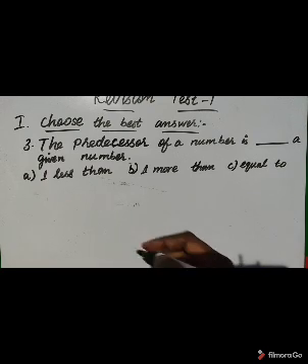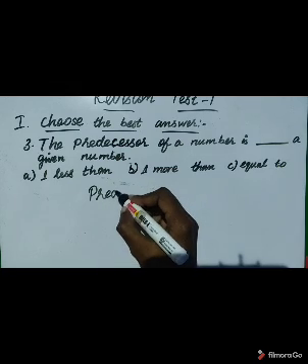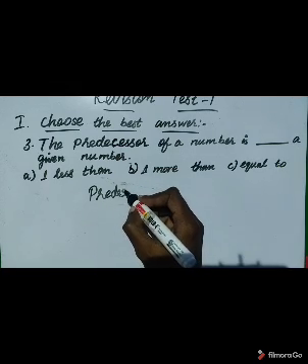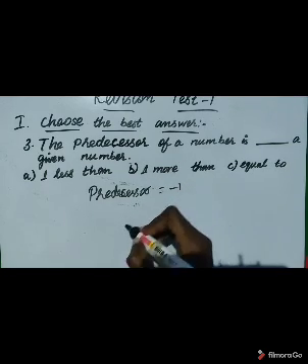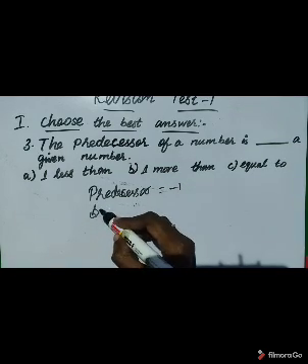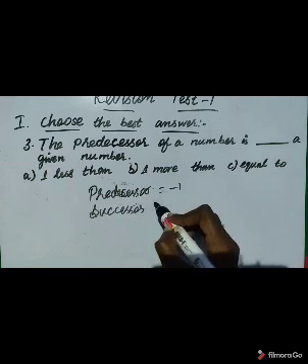So minus 1 means what? Less. Plus means what? More. So remember this, minus means less, plus means more. So predecessor means you are minusing 1, so less 1. So less than. So this is the correct answer.